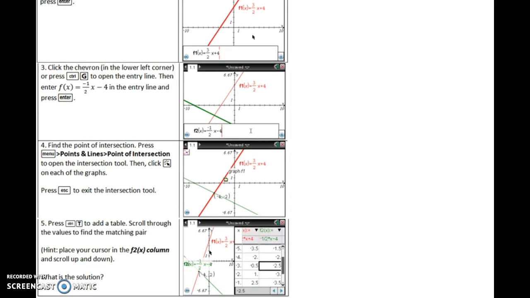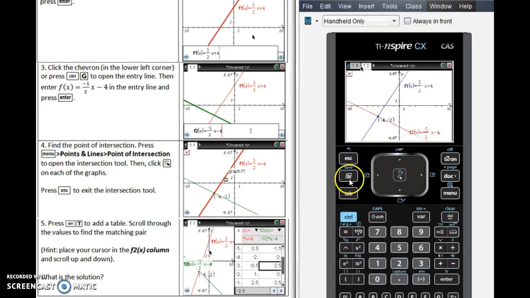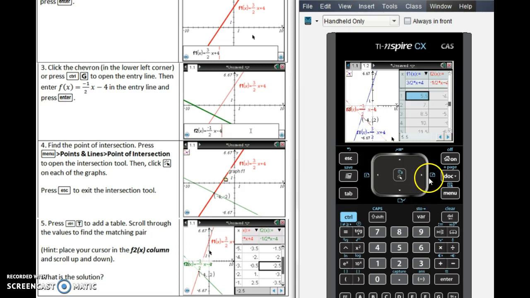And I want to show one more thing on the calculator, which is the table. When I have two functions in there, f1 and f2, if you hit Control T, you can't see it, but I hit the T key at the bottom, it gives you a table, and you can scroll through the table and find out when those values are equal. They're not equal right now.